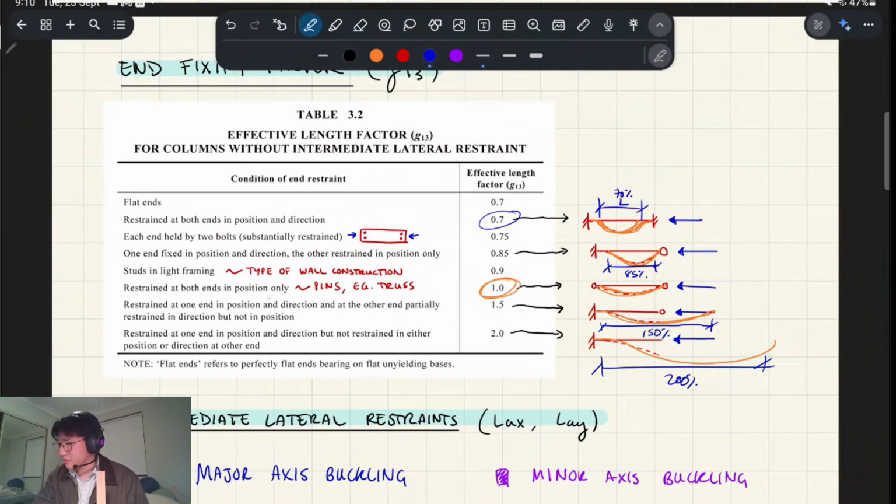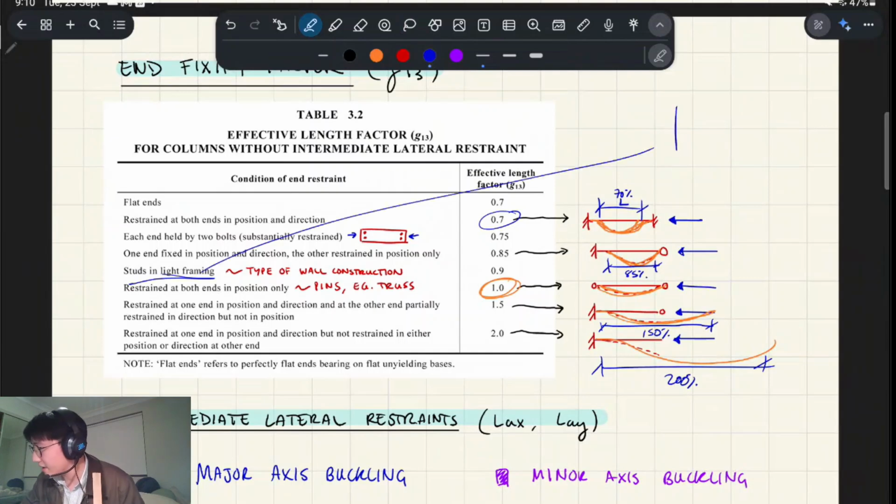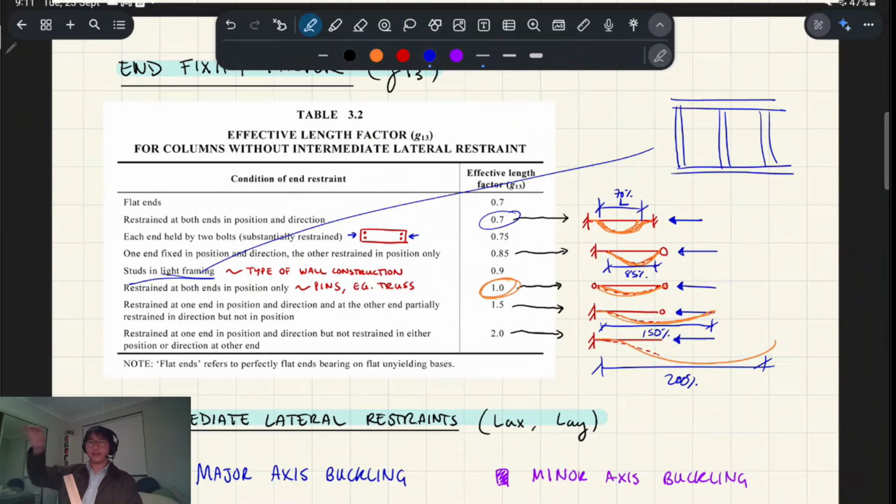Studs and light framing, I might talk about that quickly. It's just the type of construction method, where you basically have walls in light stud framing for residential homes, and it's all timber.